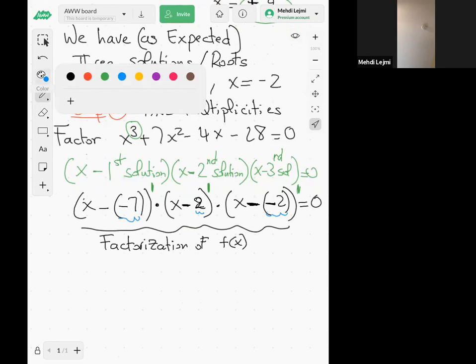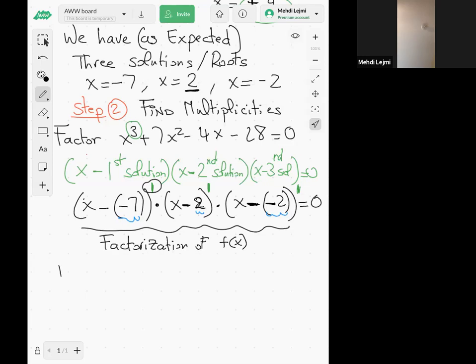So the multiplicity of -7 is just 1, because this is power 1. So multiplicity of x equal to -7 is just power 1. So here it's 1.